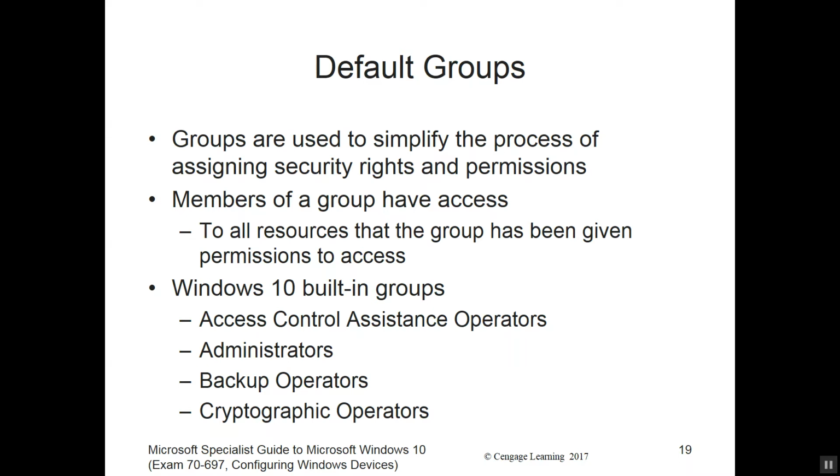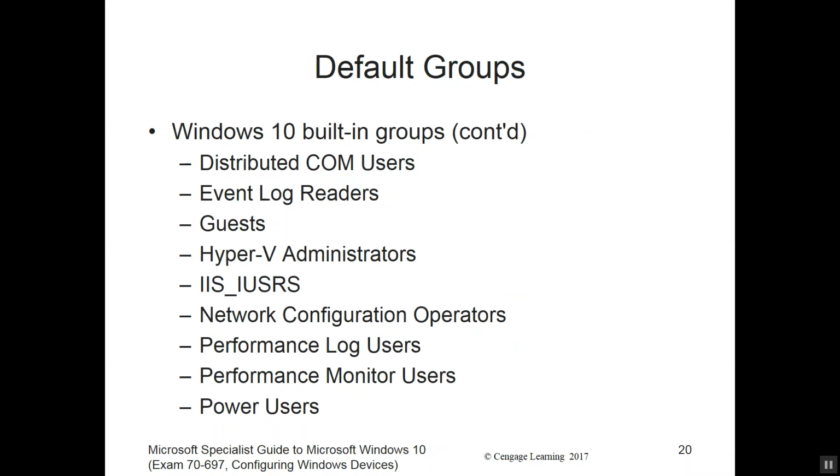Now Windows 10 has some built-in groups: access control assistance operators, administrators, backup operators, cryptographic operators, distributed COM users, event log readers, guests, Hyper-V administrators, IIS users, network configuration operators, performance log users, performance monitor users, and power users.